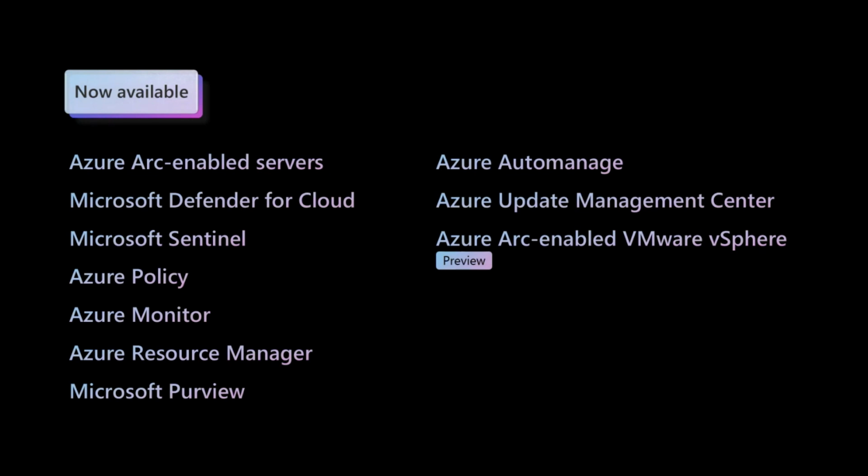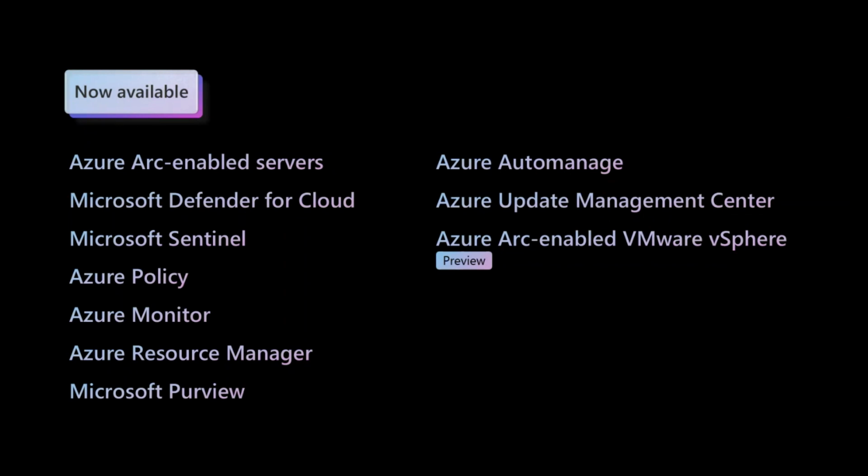So this is the high-level overview of the services that are available. When we talk about Arc-enabled servers, that supports many of these Defender for Cloud capabilities. Sentinel is there. You can utilize Azure Policy, Azure Monitor, Azure Resource Manager, Purview, Azure Automanage, and Update Management Center. All these are there. On top of that, Arc-enabled VMware vSphere capabilities are also coming in.